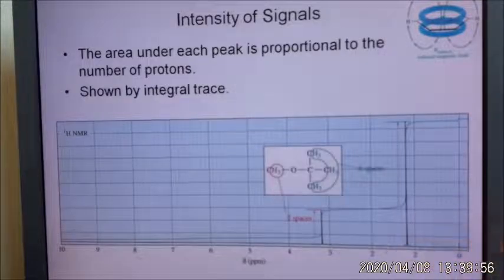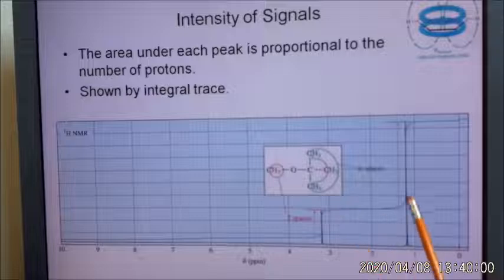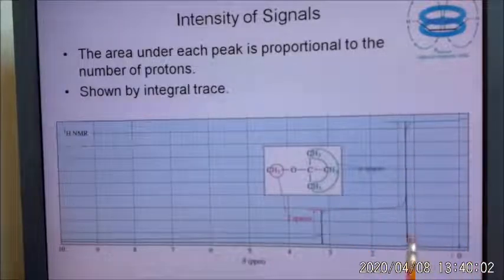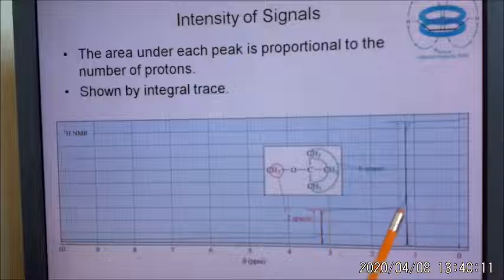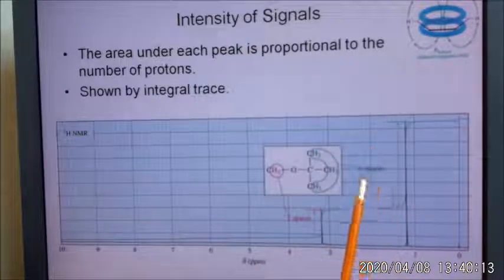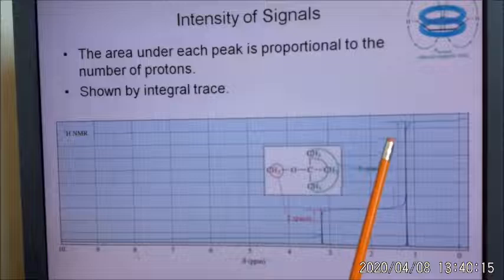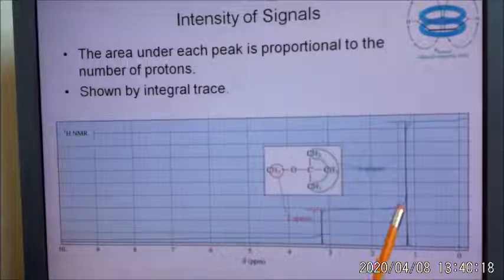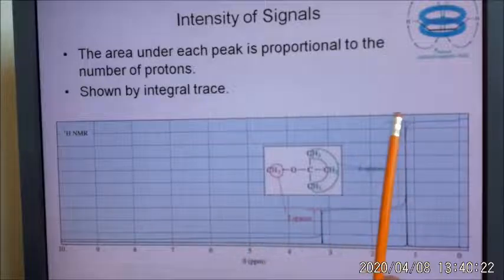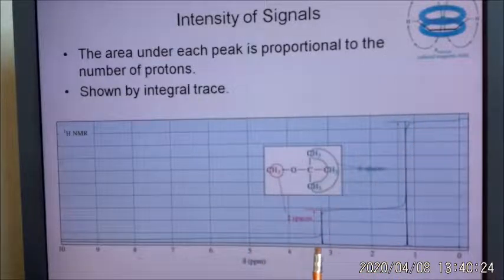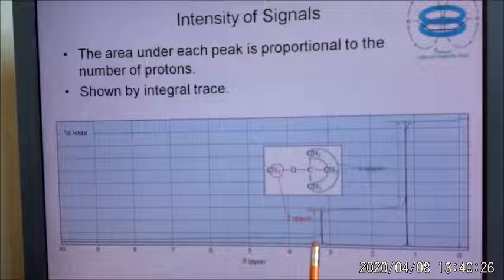The intensity. So what we do is see this line here. Okay, this is called integration. And we're looking at the area under the curve. Okay, and so if you look at the trace and you say, okay, so from here to here, that's about 2 spaces. Well, if I look from here to here, that's 1, 2, 3, 4, about 6 spaces, right? This starts just above. So this is 2 to 6. So the ratio between these hydrogens and these hydrogens is 3 to 1.